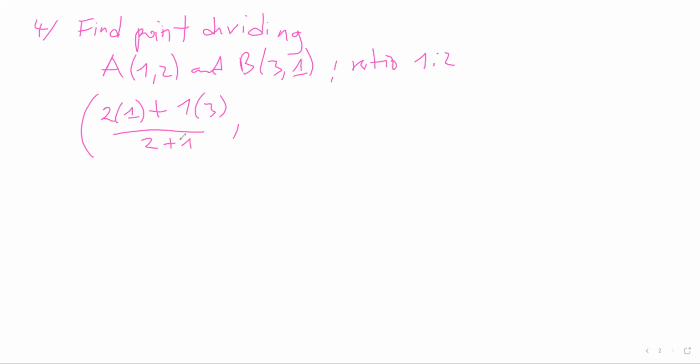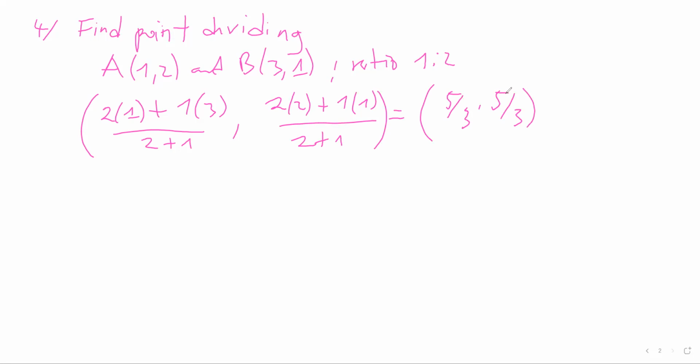For the y component, you have 2 times 2 plus 1 times 1 over 2 plus 1. And this should give us 5 over 3, 5 over 3. Okay.